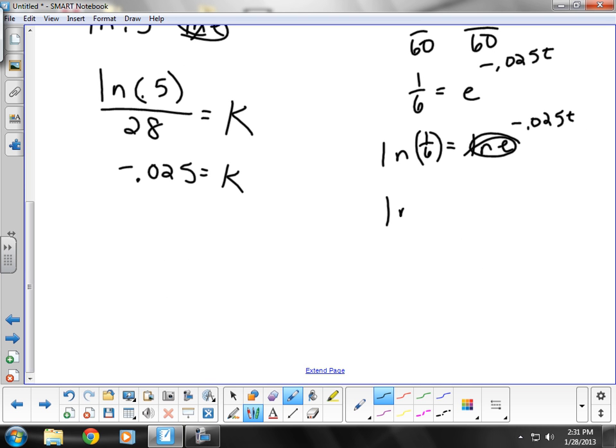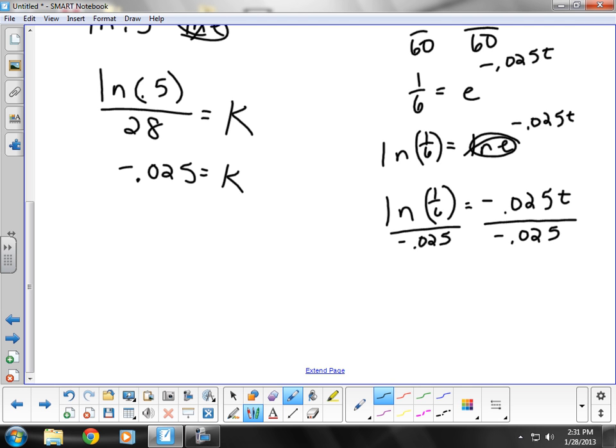So I've got the ln of 1/6 is equal to negative 0.025 t. And then I got to divide by negative 0.025. So t is equal to what? What do we get when you plugged it in? 71.67. So nearly 72 years.